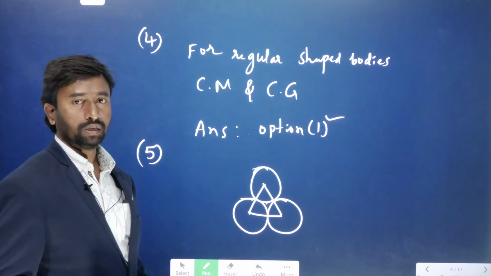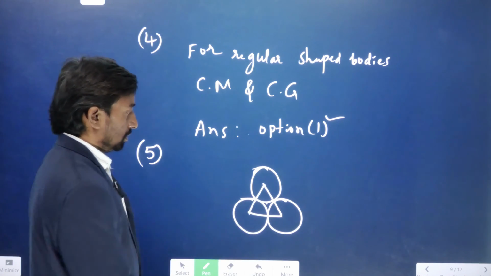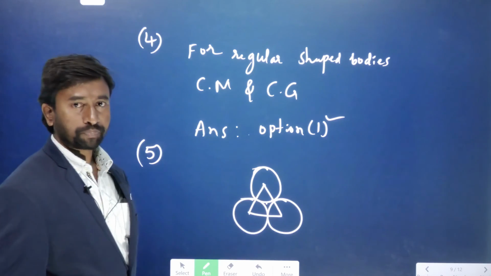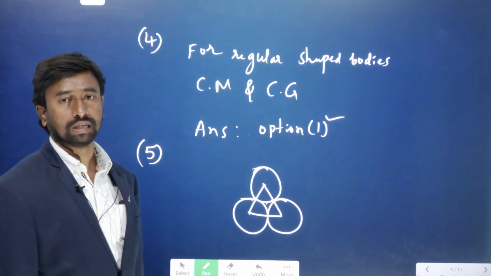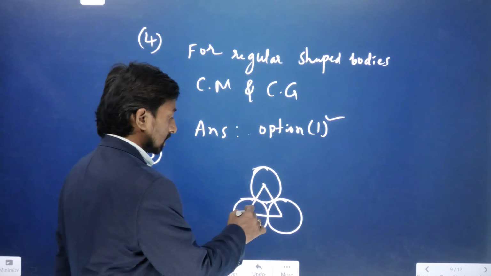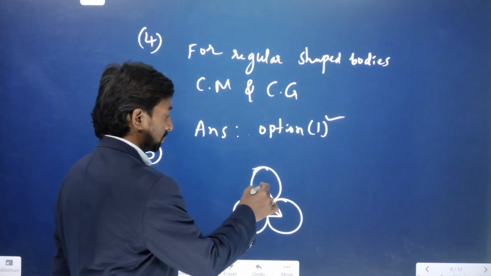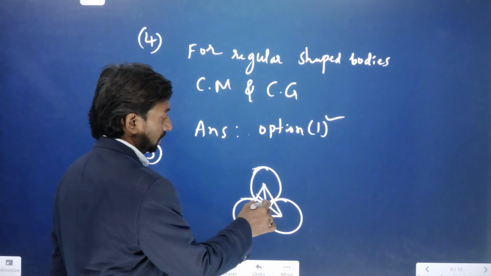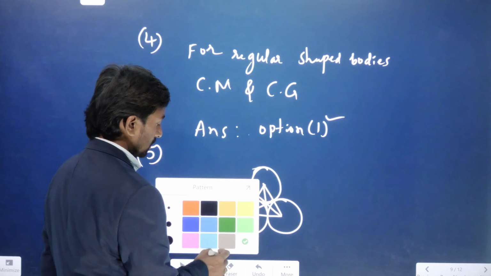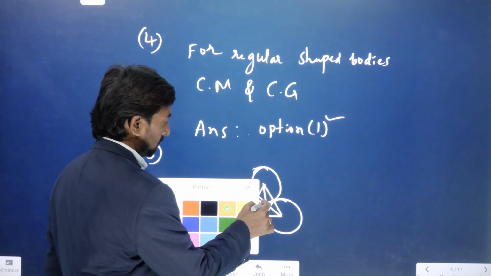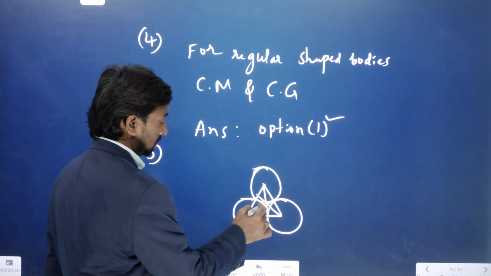From the vertices of that triangle, if you draw a median like this, and from here a median like this, and from here a median like this, the medians intersect at one point, and we get the center of mass here at the center. So the center of mass will be present at this point.